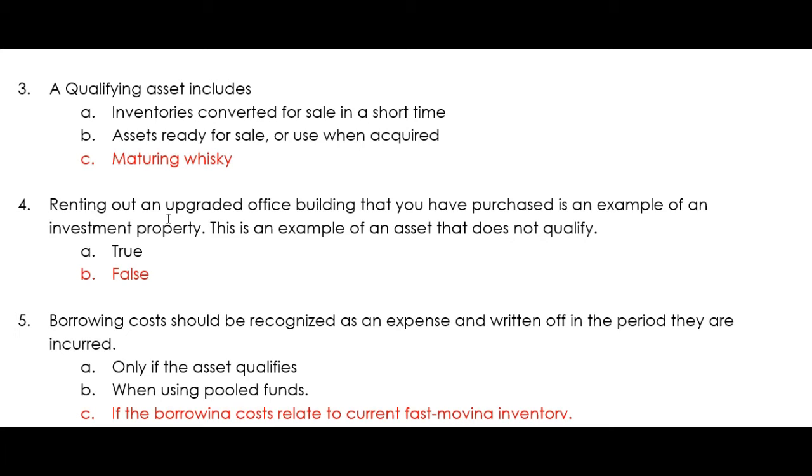So based din mismo dun sa text na diniscuss natin, yung maturing whiskey is considered as a qualifying asset. However, reiterate ulit natin, qualifying asset siya by definition, pero hindi siya qualifying asset in the scope of IAS 23. So, ibig sabihin, kahit qualifying asset siya dyan, hindi siya pwedeng mag-capitalize ng borrowing cost kasi specific na sinabi na ng ating standard or ng IAS 23 na hindi capitalizable ang borrowing cost for these types of assets.